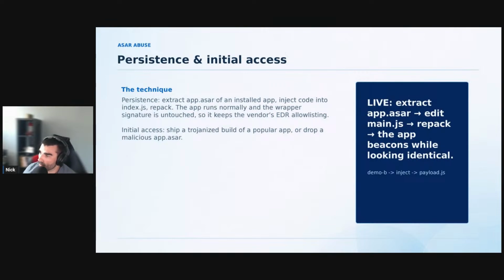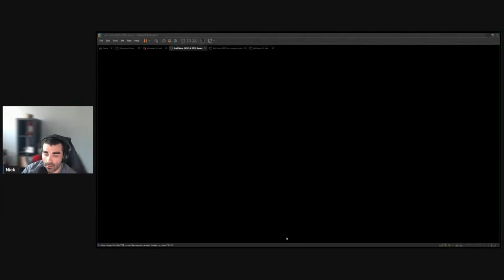You're not doing low level memory manipulation because you're existing in Node.js, which is a managed runtime. You're not doing shellcode injection. You could try to do that, but the example I'm going to show would just exist in Node. So let me move over to Windows, actually.